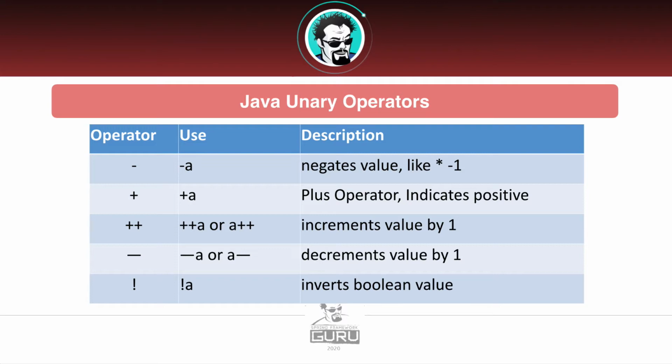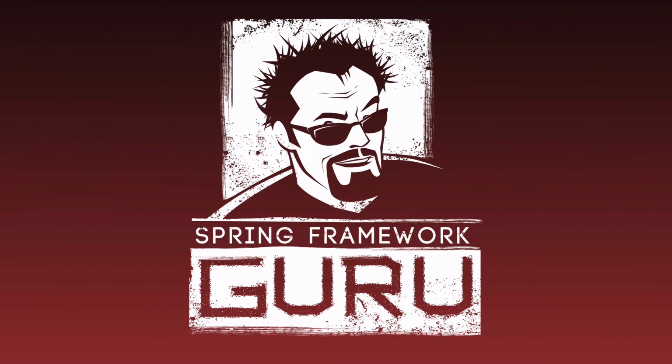Very handy. We'll see a couple of examples of it in the coding example coming up, and we will definitely be seeing this further on in the course. It's actually used frequently inside the Java programming language. It is a very handy thing to have. Just remember the exclamation point will flip a Boolean value.